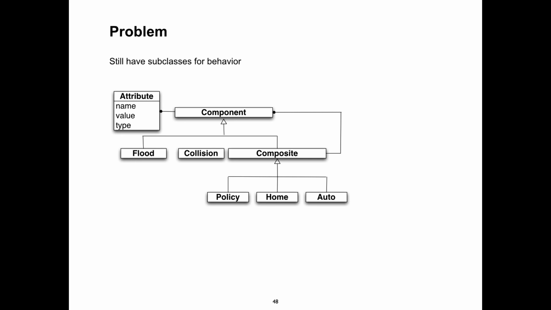Right, so we still have methods. In the composite method, we need a way of actually putting the pieces together, growing the pieces. We need information on the flood policy, right?